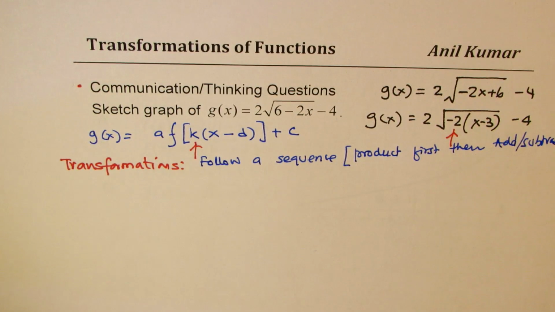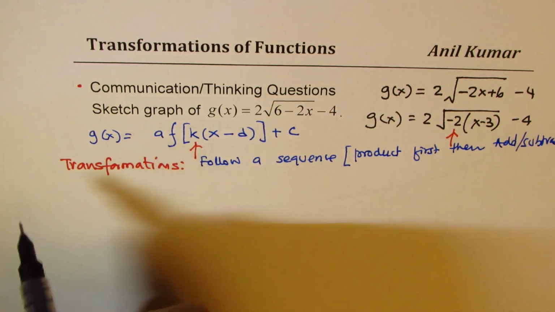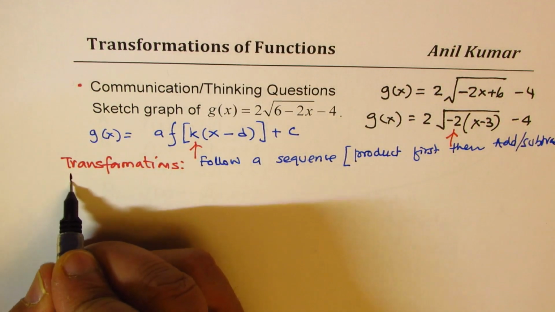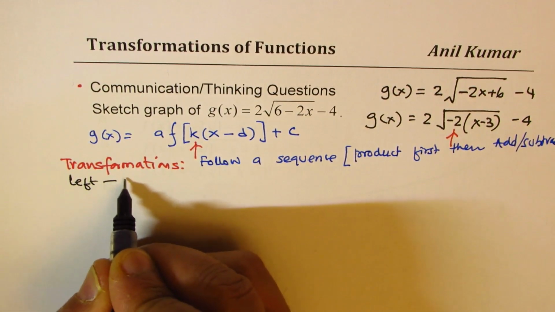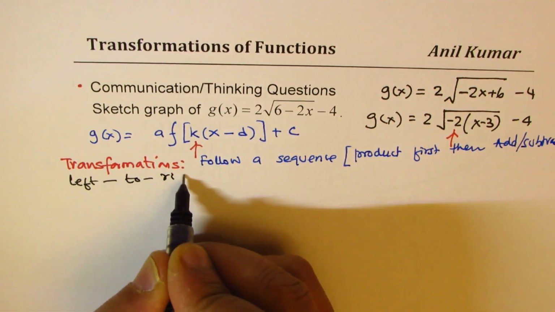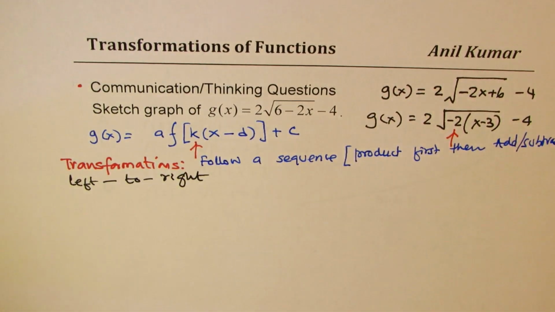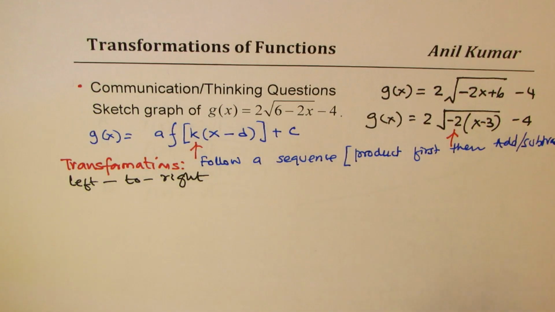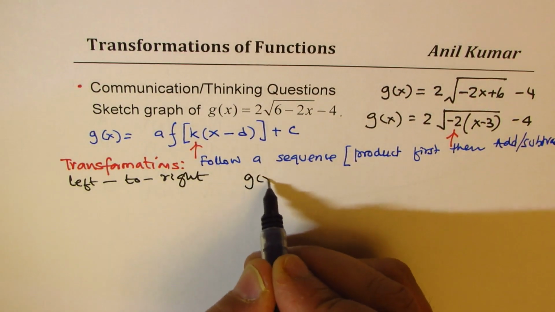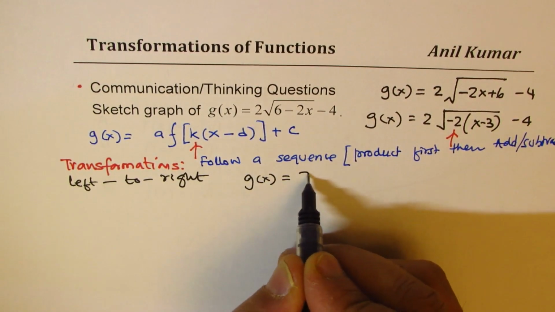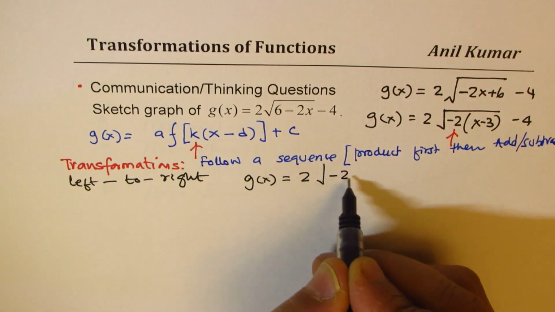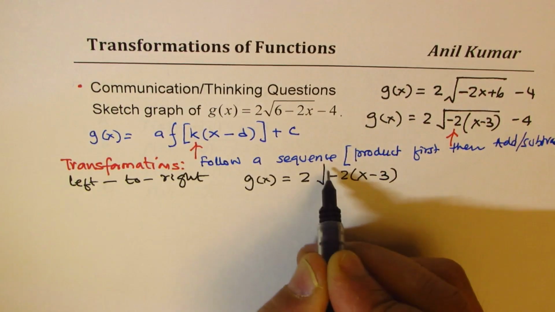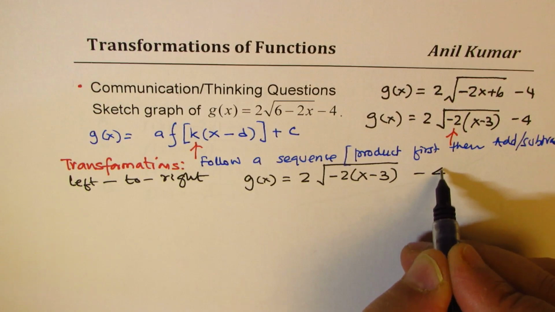Or what you could do is, in short, you can go from left to right. That is always a correct sequence. So let's look into our transformed function, which is, let me rewrite, g of x equals 2 times the square root of negative 2 times (x minus 3), minus 4.